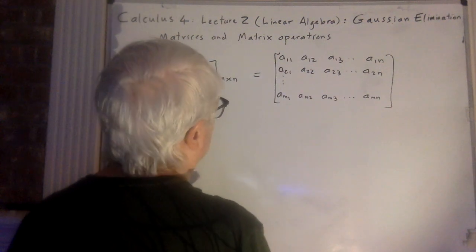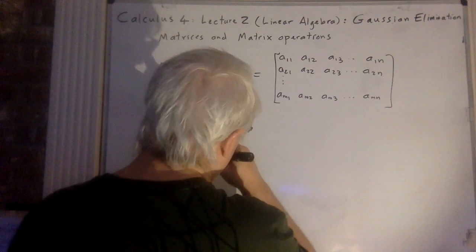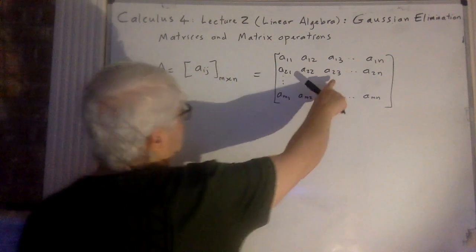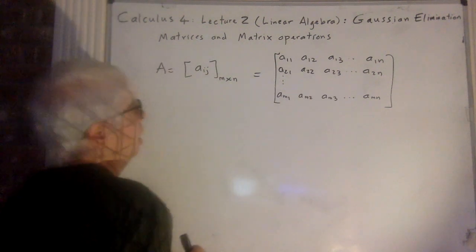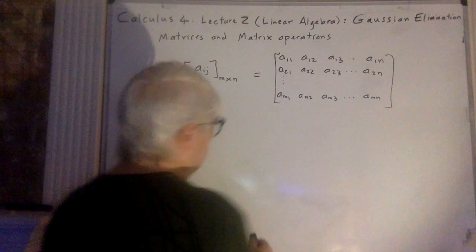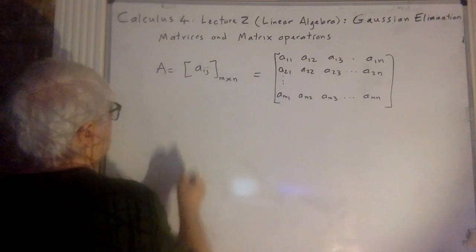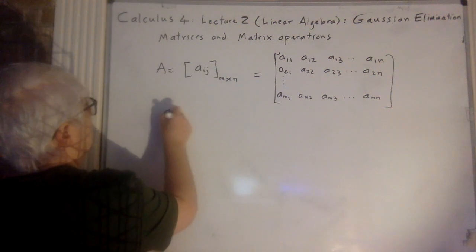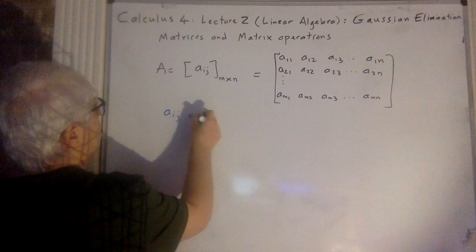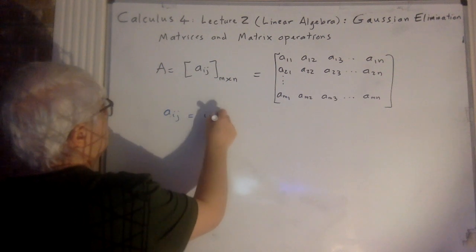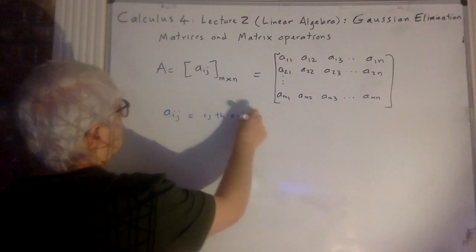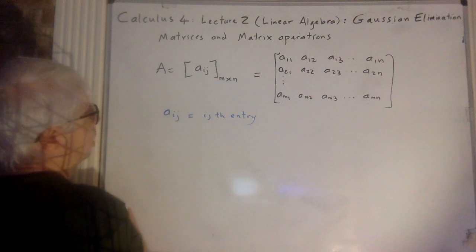The i and j are in fact the indices here. Each one of them is called an entry. So a_ij is the ij entry.